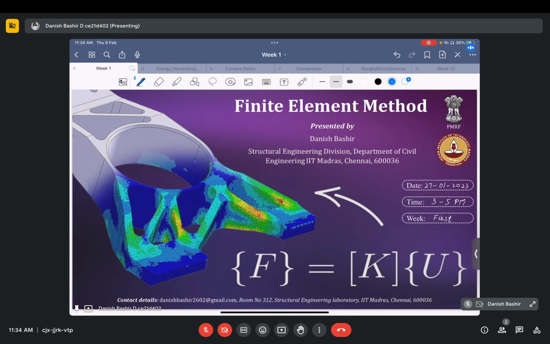This is a fundamental course in all fields of engineering. And since this course is offered by the civil engineering department, especially the structural engineering division, it will be mostly oriented towards the civil part, like structures.